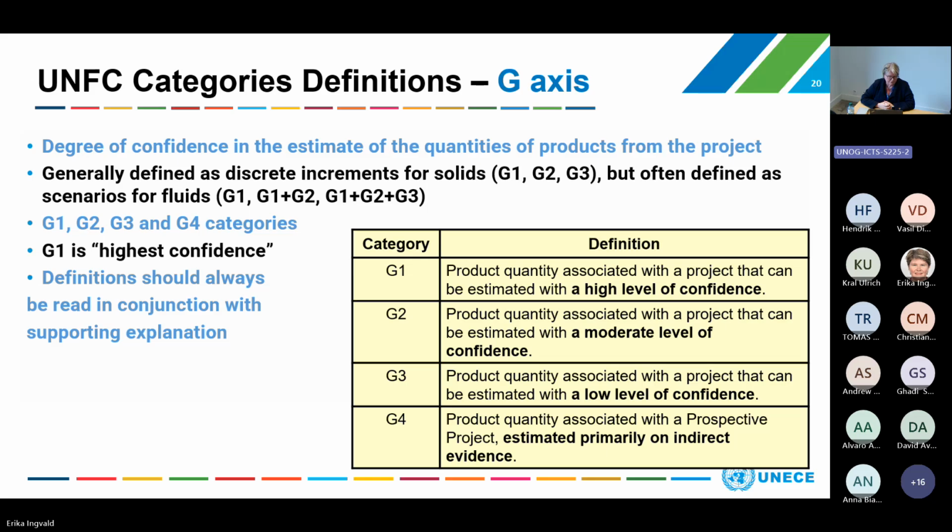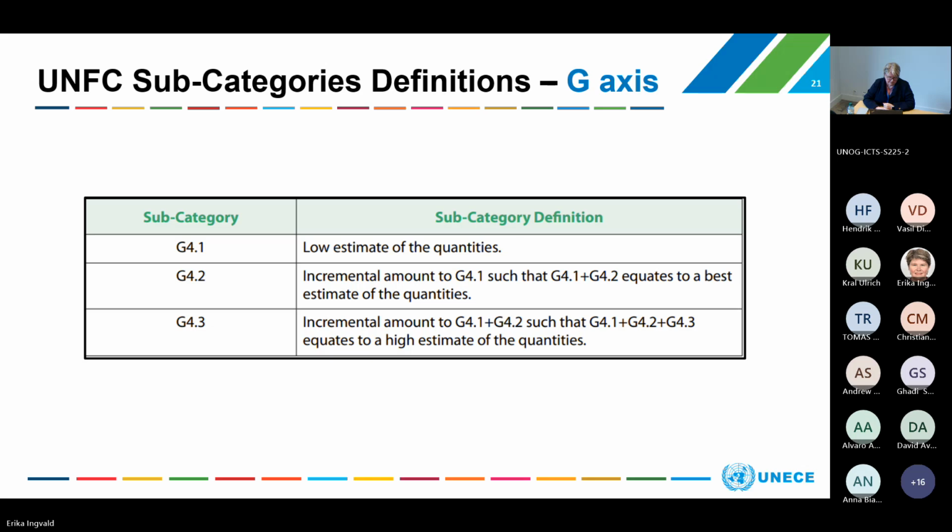But it's a choice you make when you do your classification. And also here, G1 is the highest confidence. G4 is something that is mainly used when you're very early in the start of a project to know more about if you're even going to take the first steps, I would say.